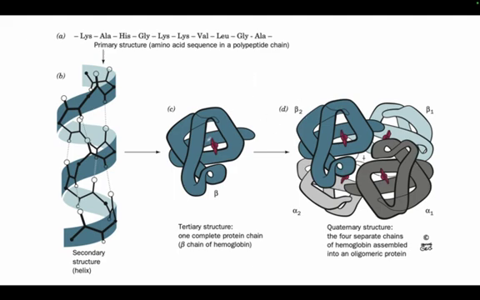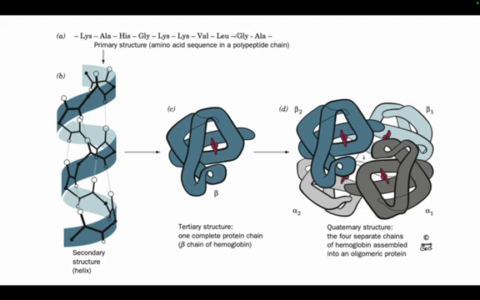The tertiary structure is one level down, which is what one complete protein chain would look like. You can have secondary structures, which is what the polypeptide chain adopts, but the sequence of amino acids within the polypeptide chain is called the primary structure of the protein. And obviously it is this primary structure which informs how all of these other structures form.